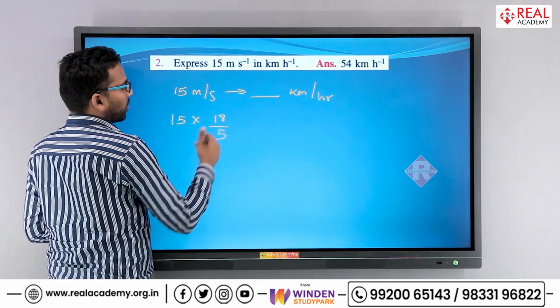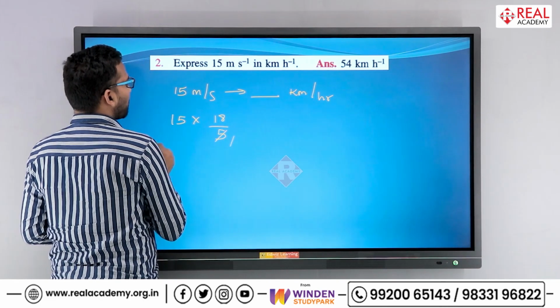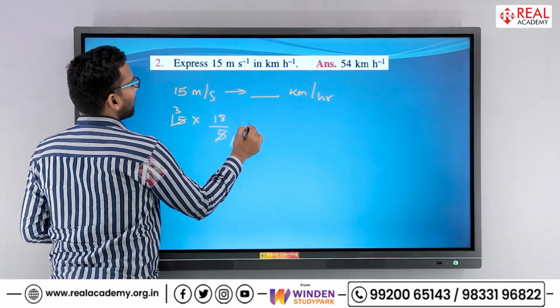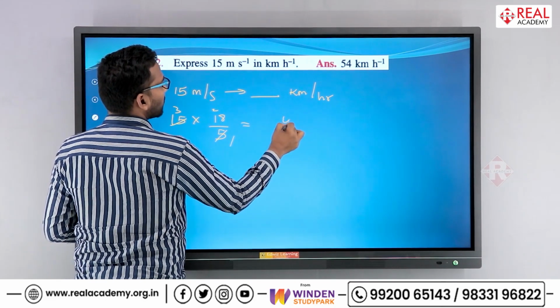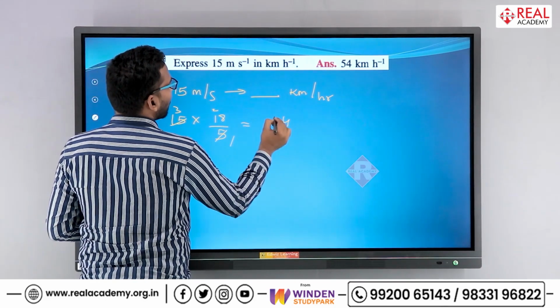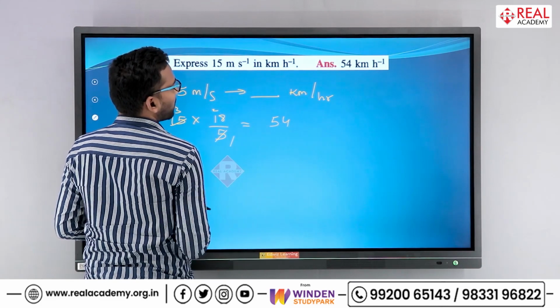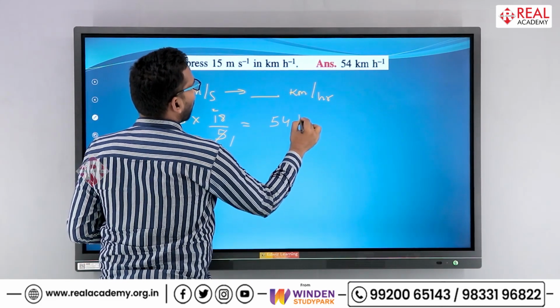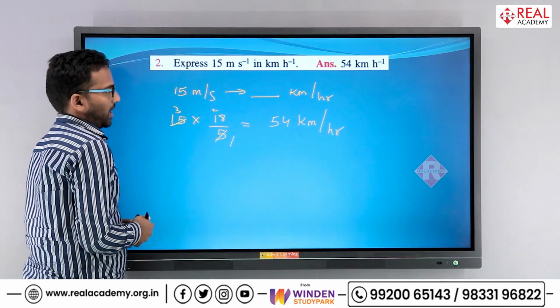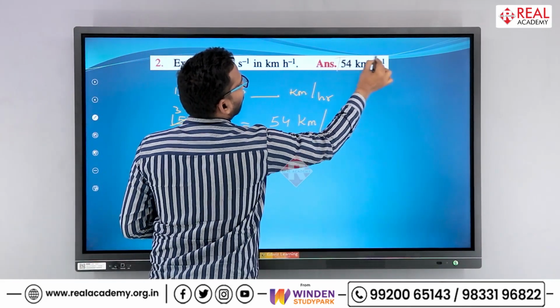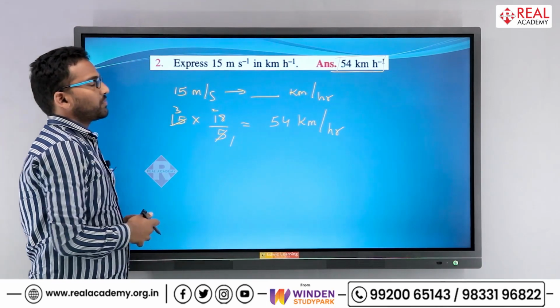Just inverse of it. So 18 by 5 is 15, 5 1s are, 5 3s are, and 3 18s are, that is 3 8s are 24 and 3 1s are 3 plus 2 is 5, 54. That means you have got the value as 54 kilometer per hour. That is the answer what we are expecting over here.